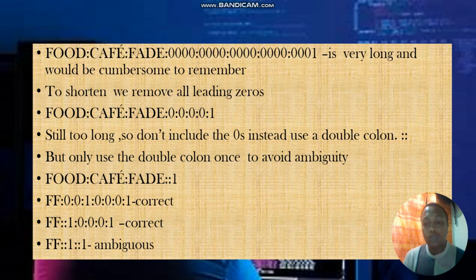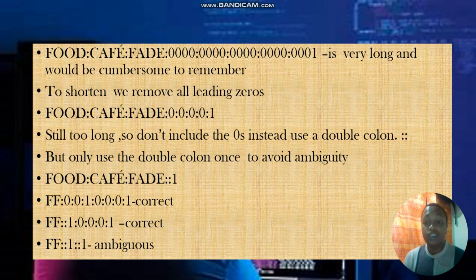So if you look at the IP version 6 address, it's very long, and it can be very cumbersome to remember some of these hex digits. Since they are very long, you have 8 blocks of 4 hex digits, so that could be quite cumbersome to remember. So what we do is that if you have zeros that follow each other consecutively, you need to remove the extra zeros.